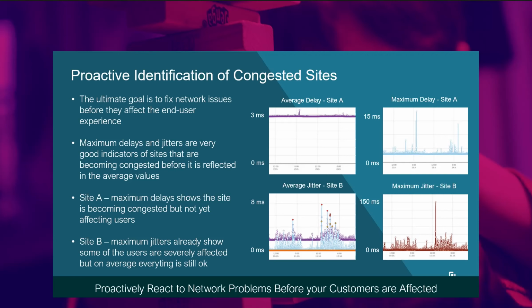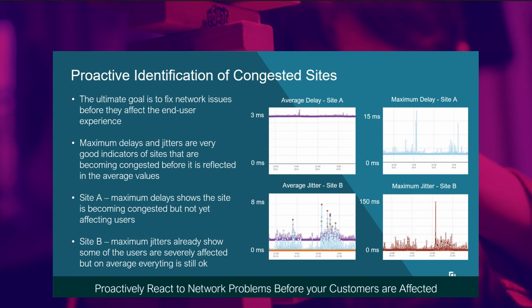But if you are also looking at the maximum delays, you will be able to identify these microbursts and start to see when they are actually starting to affect customers. So in the case of this site A, on the right side, we look at the maximum delays. And then we start to see that the situation is not quite as good as it looked when we looked at the averages.